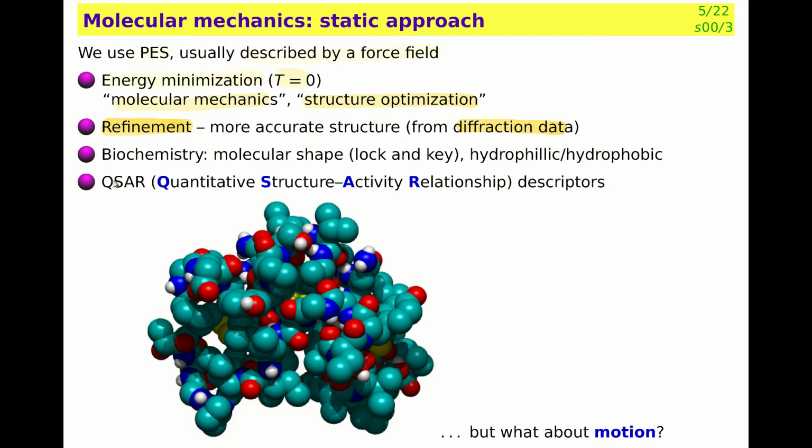Molecular mechanics is sometimes used in biochemistry. Of course, molecular dynamics is better, but sometimes just the molecular shape is good enough to describe what we want to know. For example, there is a model called lock and key for binding a ligand to a receptor. Here there is a receptor. You can imagine a receptor like a protein with, let us say, a hole, but not only a hole, but some hole with hydrophobic or hydrophilic parts of it.